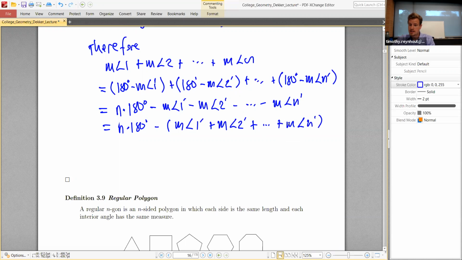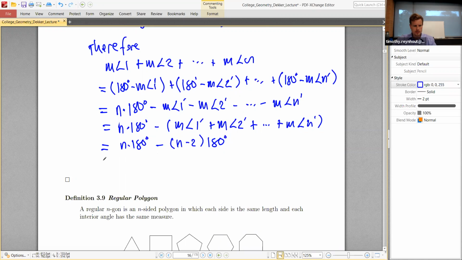And the sum of the interior angles we actually know. So we have n times 180 degrees minus n minus 2 times 180 degrees. We discussed that earlier. That's a theorem that we already talked about.